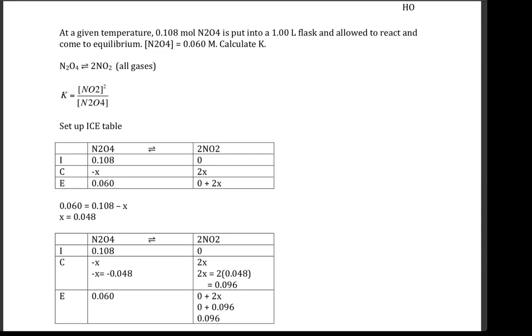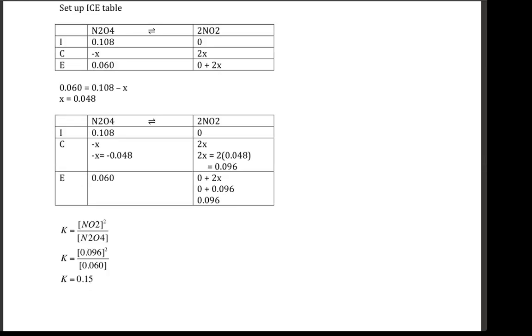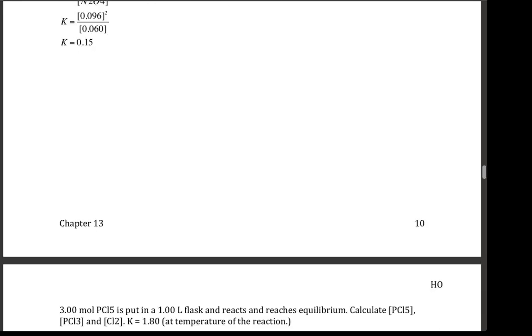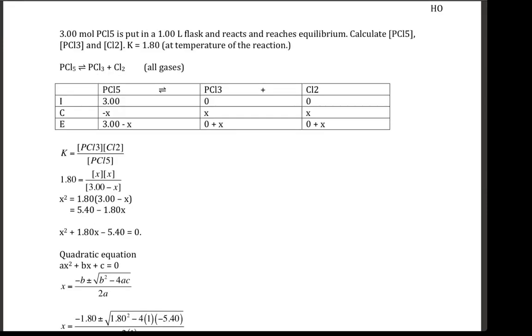So we fill in our table with those values, and we have our equilibrium values for everything, and we put them into our equilibrium expression, and we determine K to be 0.15. So we have gone through this problem quickly because it's very similar to the last one, so come back and do it on your own at your own rate later.